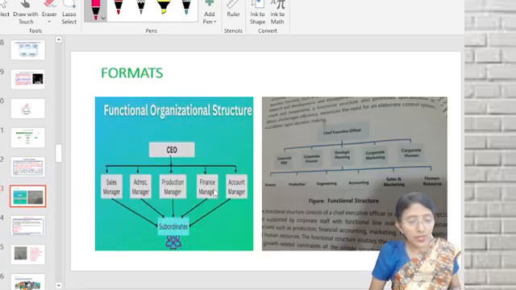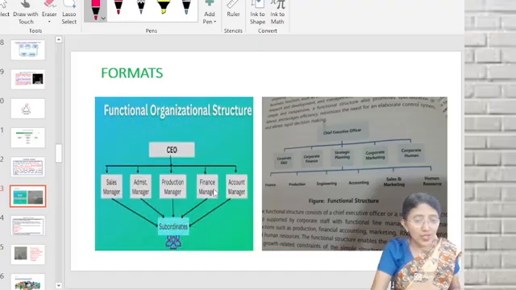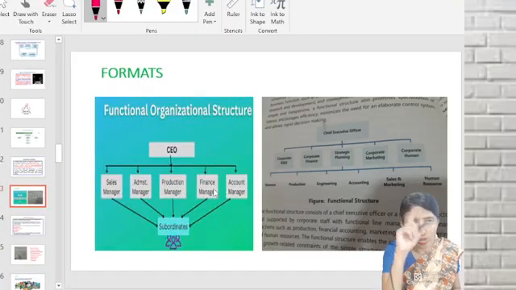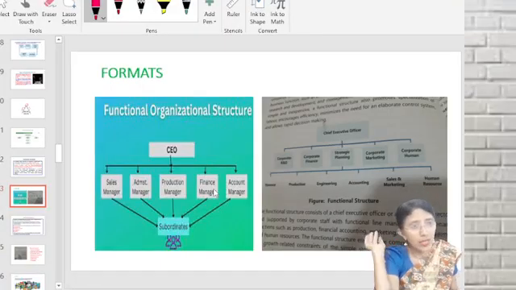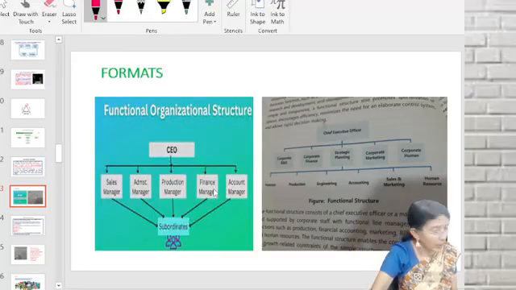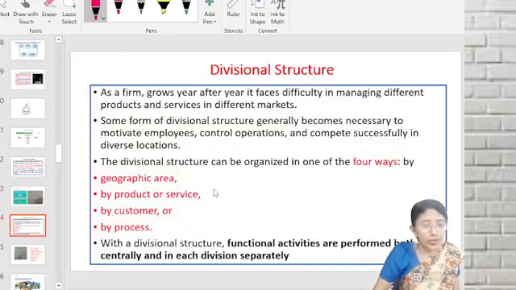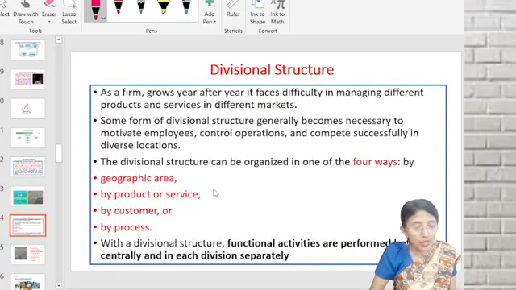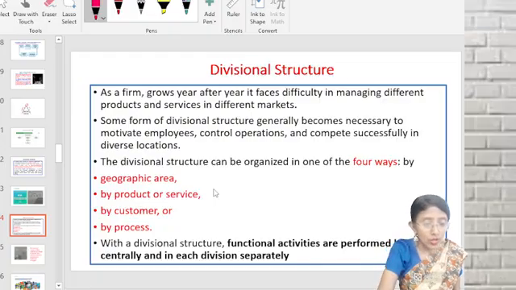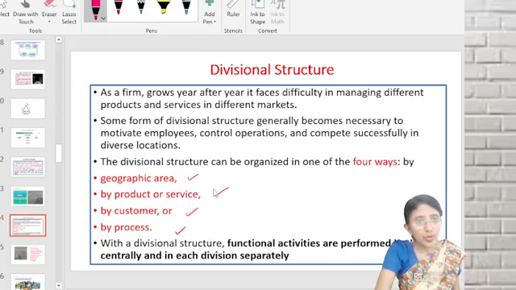Functional structure, what is it? Based on the functions. Okay, parent source, simpler diagram. And for the organizational structure, any question chart is important. So I'm giving you a parent source also and our own. Okay, divisional structure. Now divisions based on geographic area, product or service, customer, process.